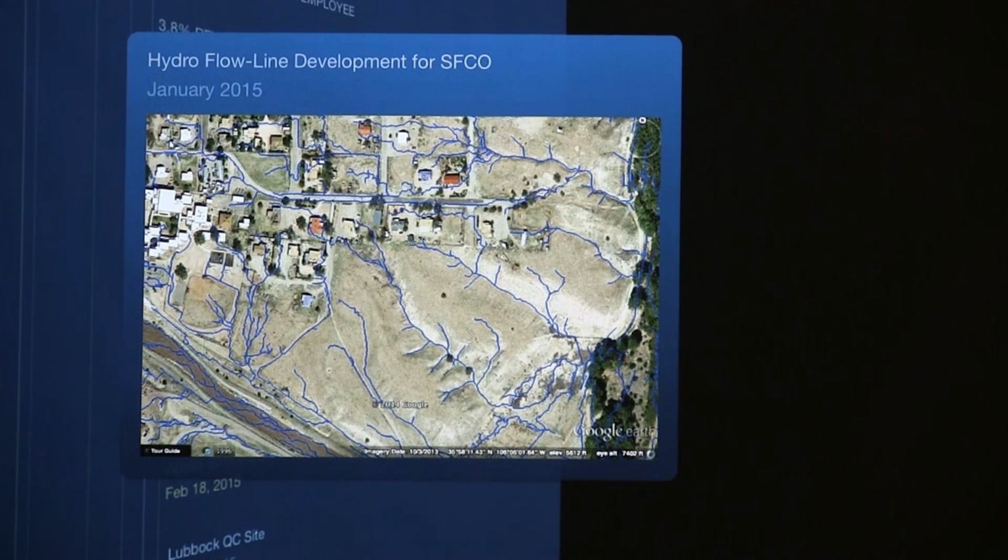So this is a product that was made and sold to Santa Fe County. And in fact, tomorrow, Rob Zur and Earl Wright are doing a presentation on this at the Denver GIS in the Rockies meeting, to the folks that attend that conference.